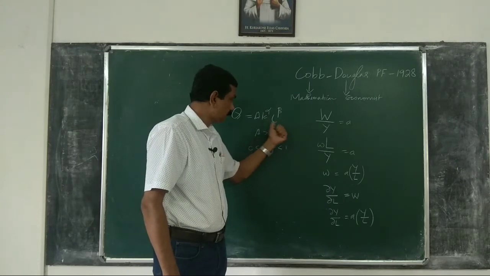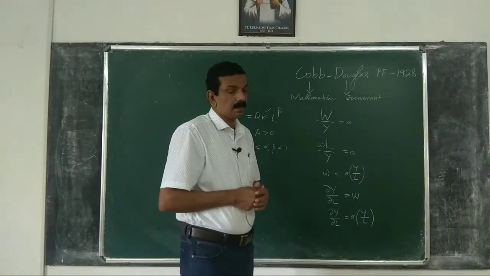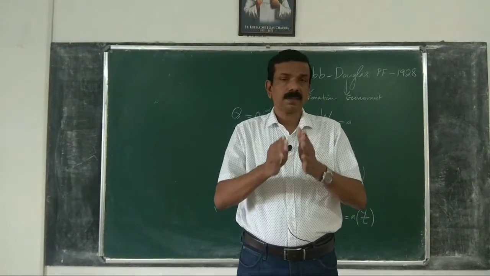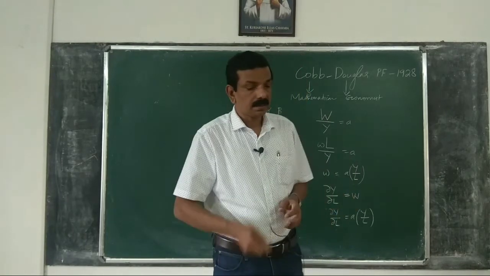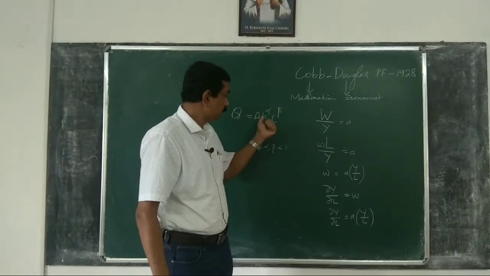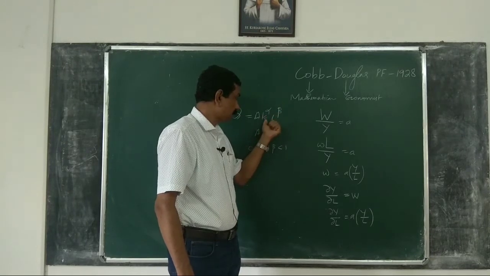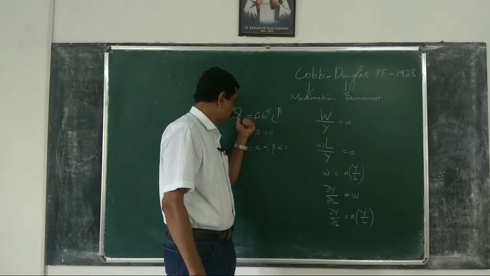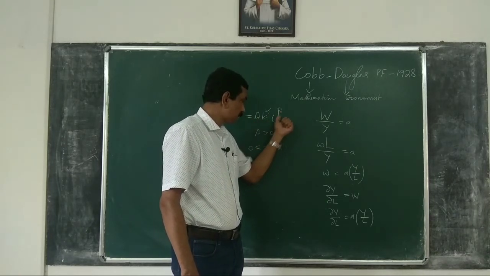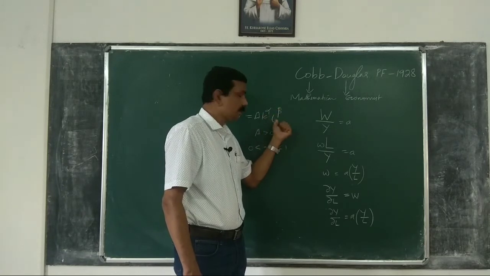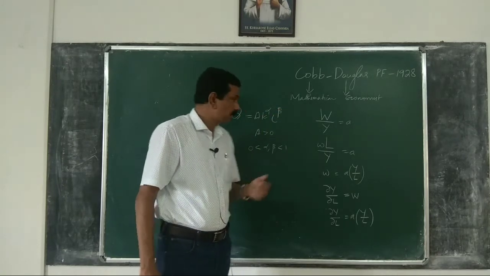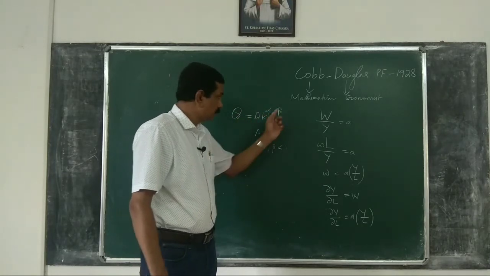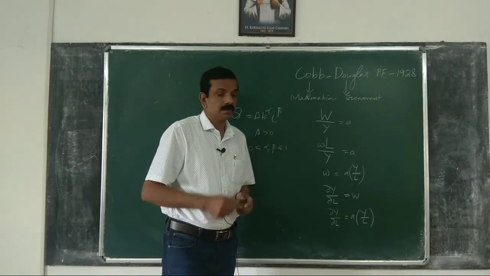K and L are the inputs, alpha and beta are the parameters, where alpha measures the percentage change in quantity resulting from a given percentage change in capital holding labor constant, and beta is percentage change in output resulting from a given percentage change in labor keeping capital constant. Stated differently, alpha is the elasticity of output with respect to capital, beta is the elasticity of output with respect to labor.